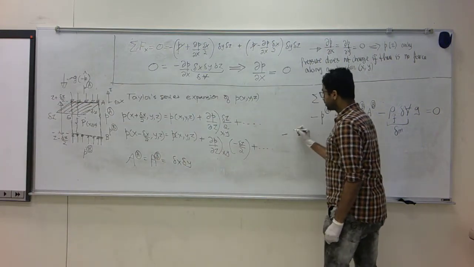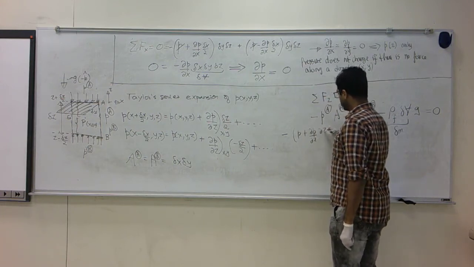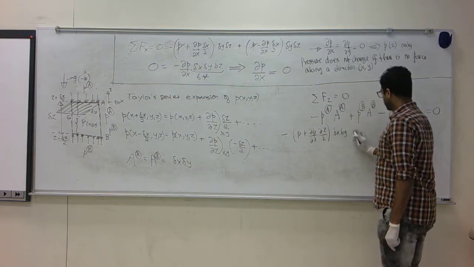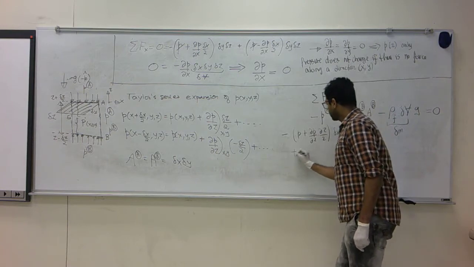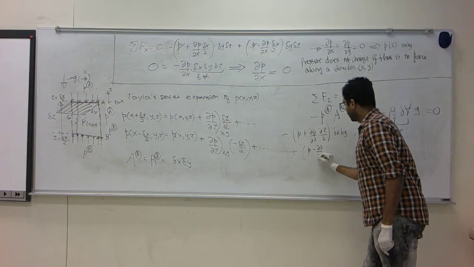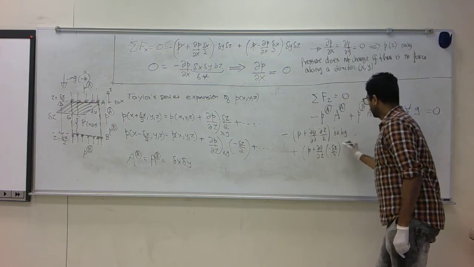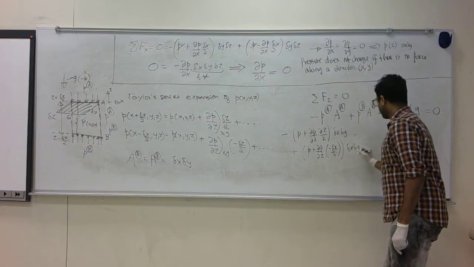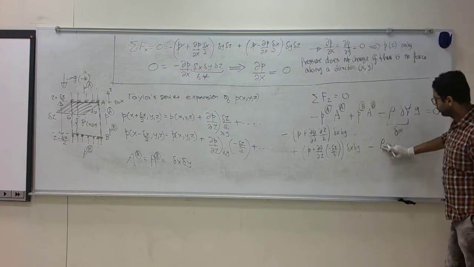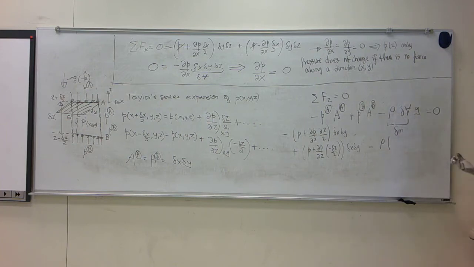I have minus p plus partial p over partial z times delta z over 2, times delta x delta y, plus second term p minus partial p over partial z times delta z over 2, times delta x delta y, and then I have minus the density of the fluid, I'll just write rho, times delta V. What's the volume of the fluid?